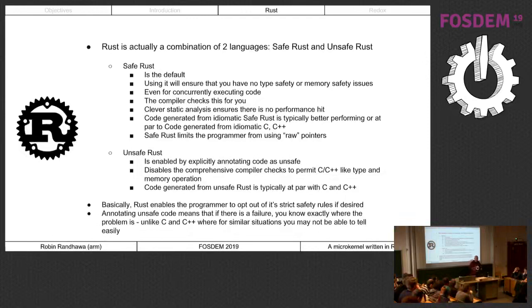However, if you do need that kind of shenanigan, you have an escape hatch called unsafe Rust. The cool thing is that you are forced to annotate all the code where you want to do this. So static analyzers explicitly know where the unsafe code is. Nine times out of ten, and it's probably ten out of ten, I'm just saying nine because I'm not 100% sure, if code compiles with the Rust compiler, it's correct. It doesn't have any of these problems.